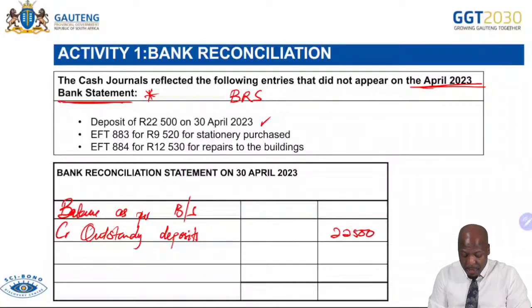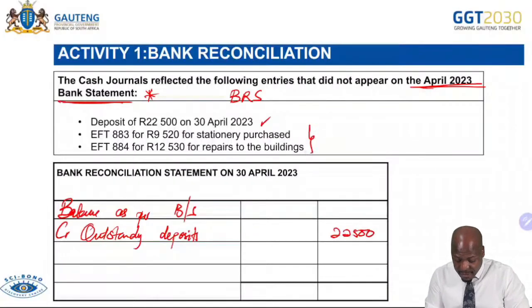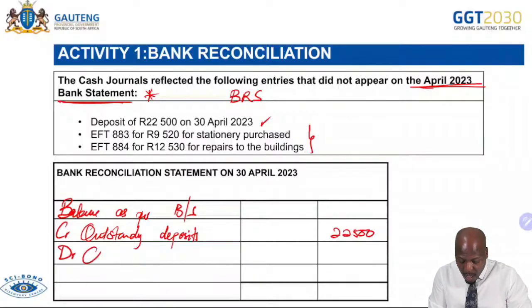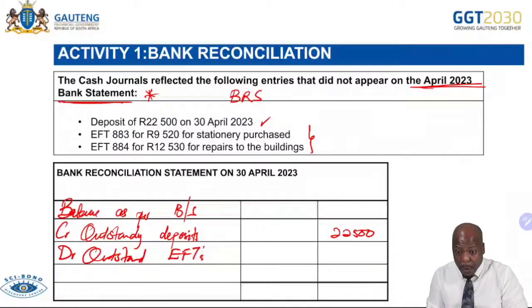And then we have EFTs here. So with EFTs, we debit our outstanding EFTs. Okay, then we're going to write their numbers. That is 883, that is for 9,520.